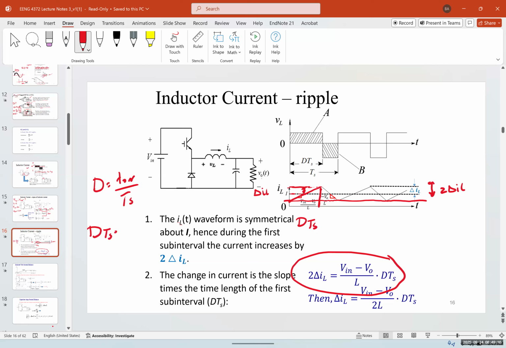Therefore, DTS is equal to T on, and you can see here it's when the switch is on. So instead of this, you can also write T on. And this is equal to 2 delta IL. If I want to find the delta IL, it's going to be Vn minus V out over 2L times DTS.